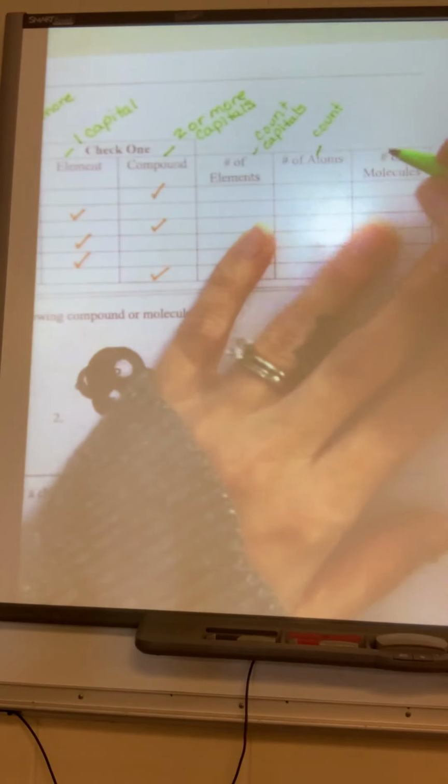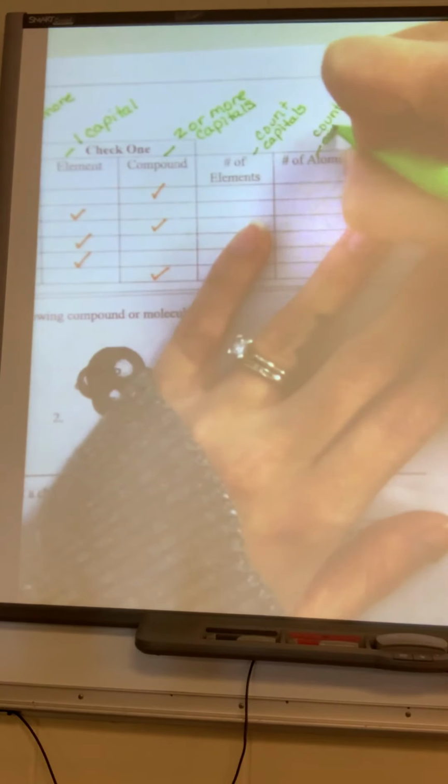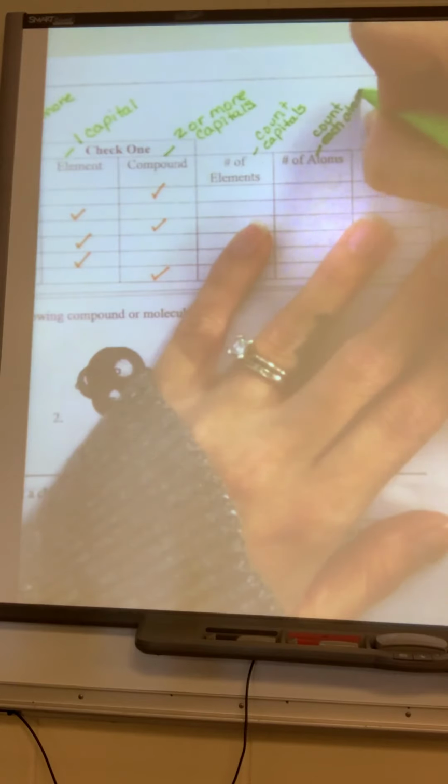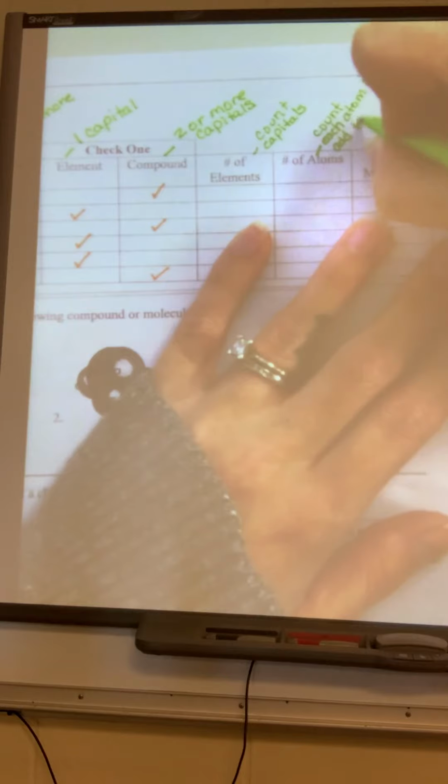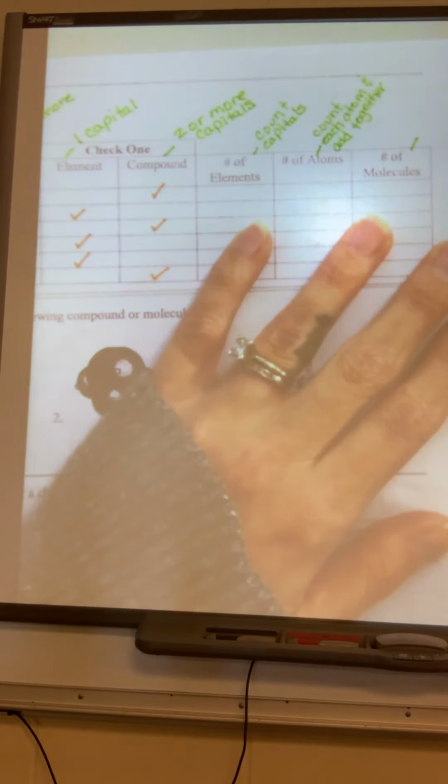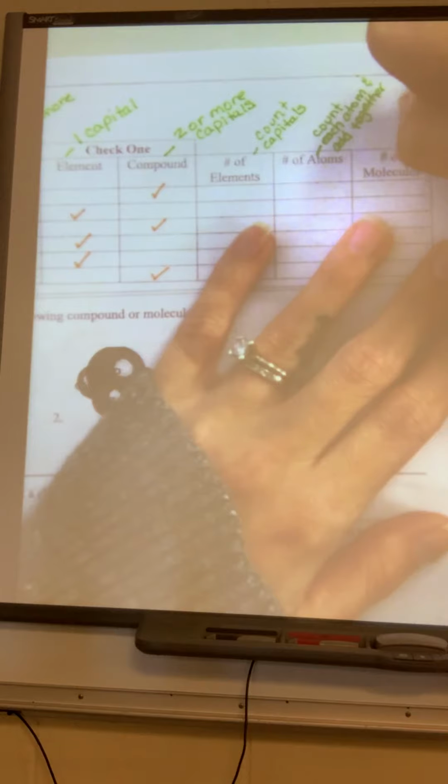So I'm writing that down. Count each atom and add together. And then for molecules, where do I look for molecules? Is that coefficient? Where's my coefficient? Number in front. Okay? So it's the number in the front to see how many I have.